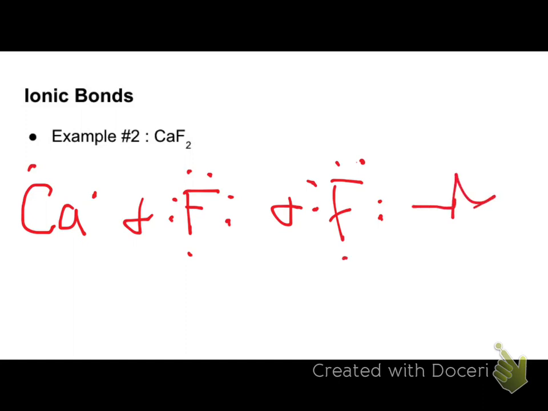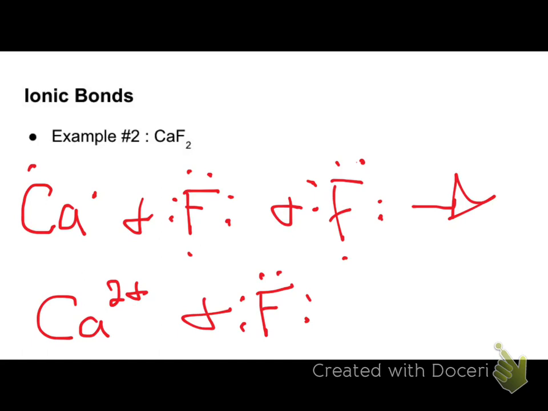When you added them together, you would wind up with a calcium ion that was 2+, and 2 fluoride ions that now have their full octet and are at a -1 charge.